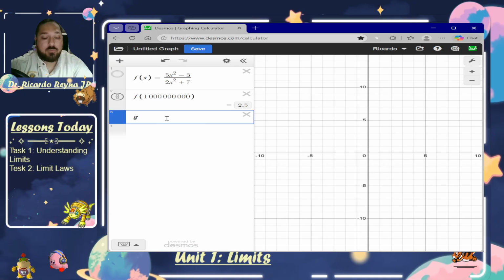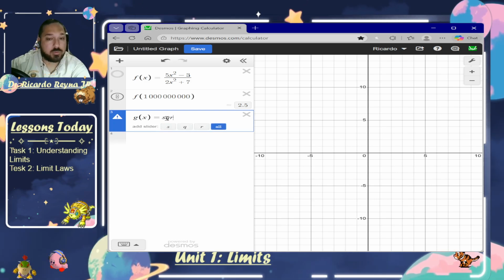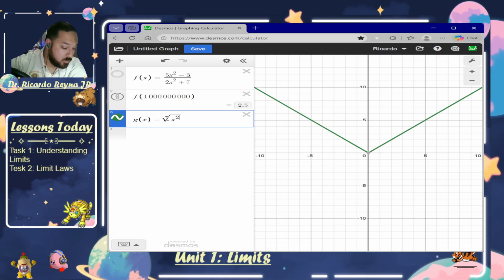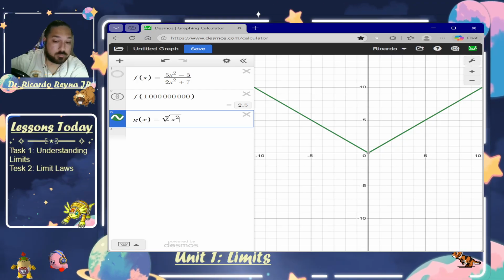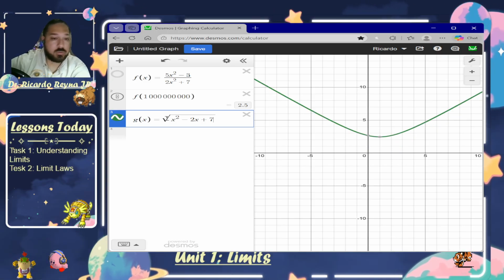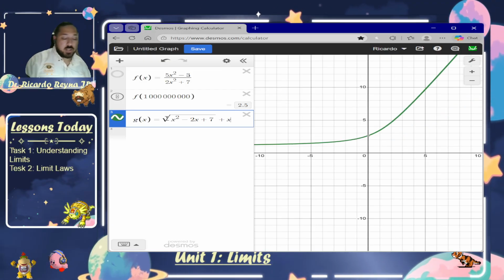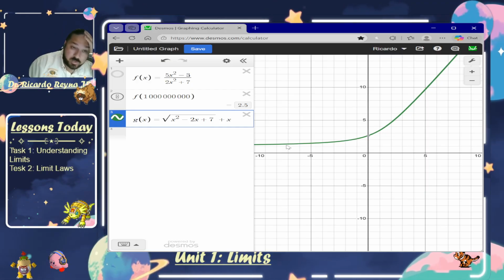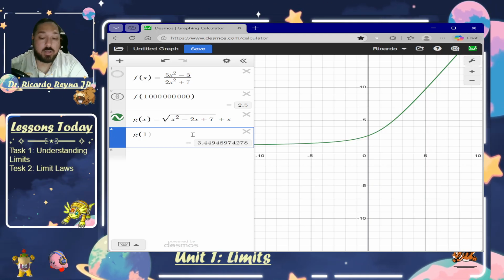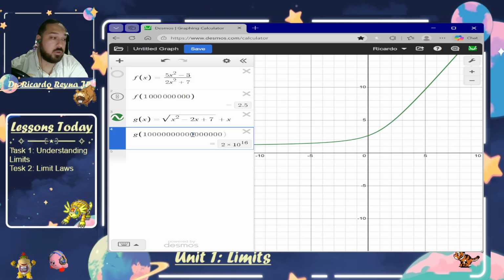If I do g of x as the square root of x squared minus 2x plus 7, and then later I add an x, we see that as our values were correct, as we go towards the right, it seems to just increase forever.